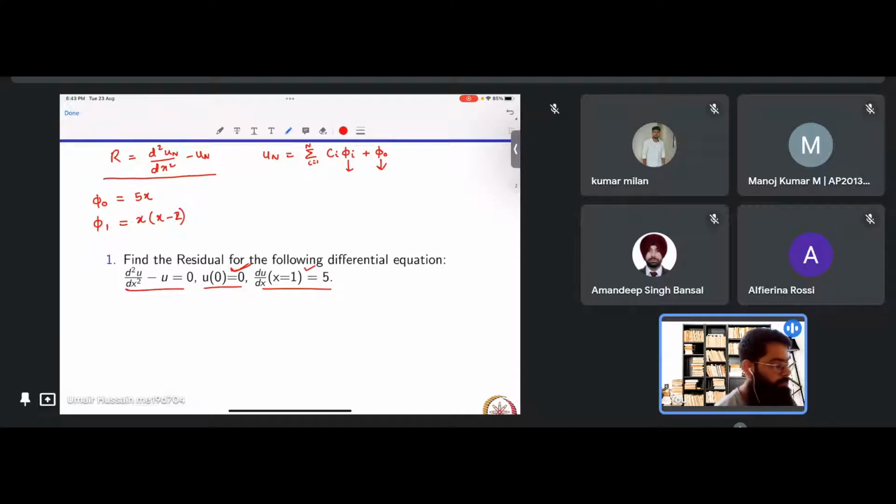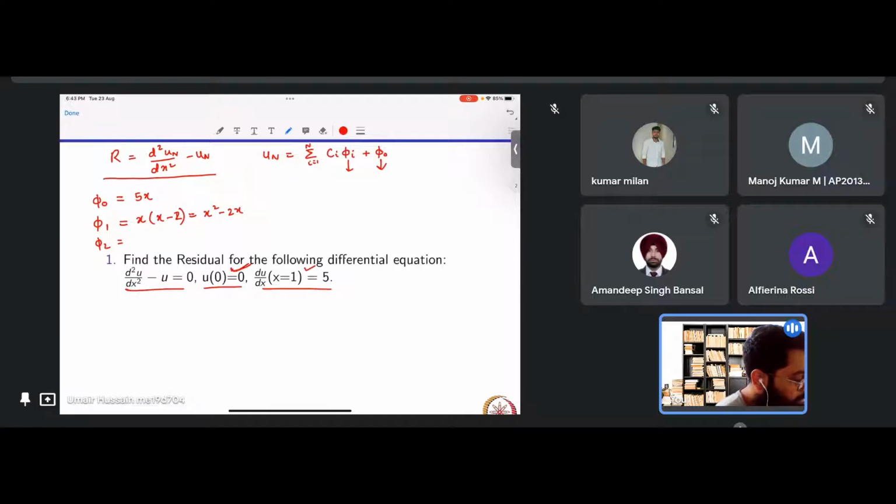So can we think of some other function phi two? This is actually x square minus 2x. What if we just multiply this by x cube? No, this won't work. Second one satisfied.